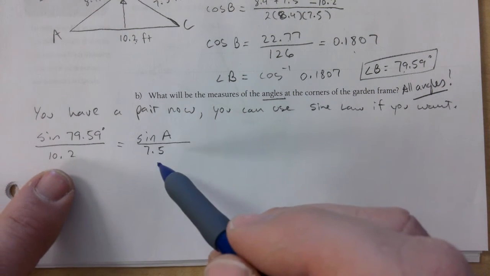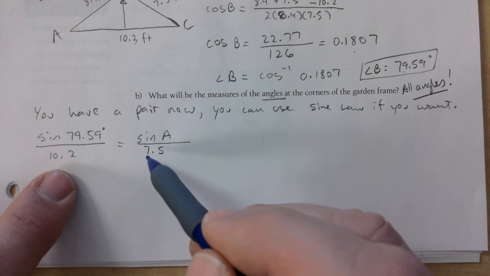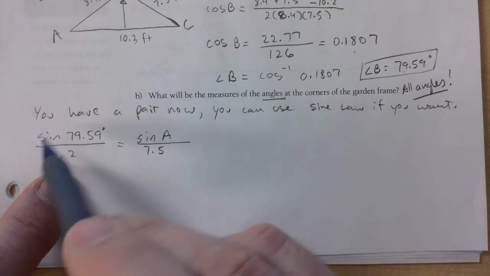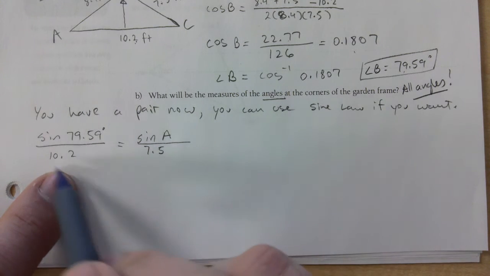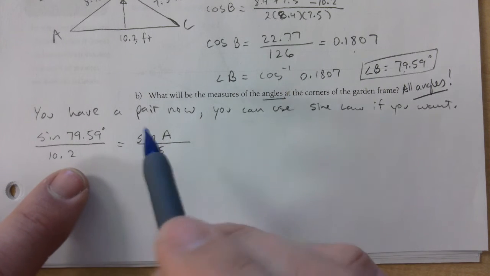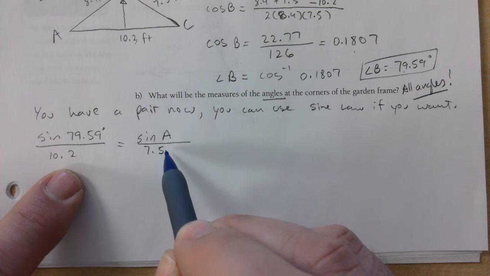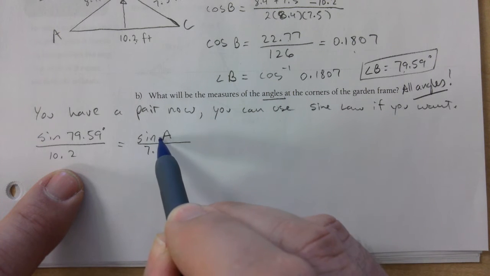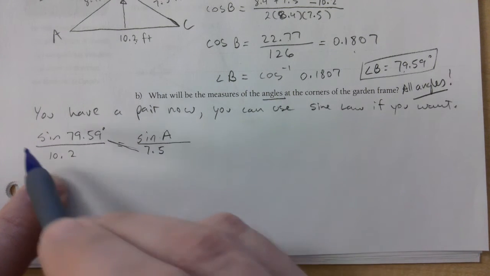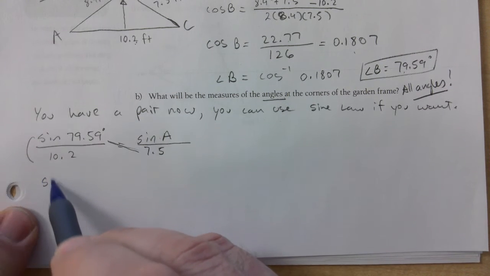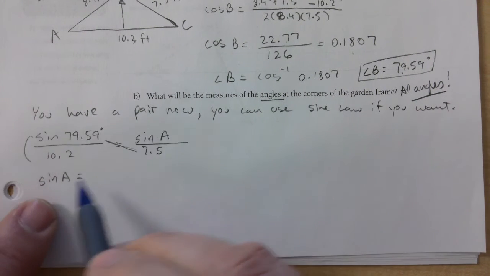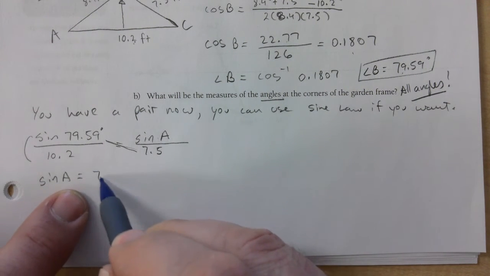So it's a good time to review sine law as well. The nice thing about sine law is the setup is always the same, except you could be asked to solve for a side length or an angle. In this case, it's an angle. So you cross multiply and divide. Sine of A, keep sine glued to A until the end.